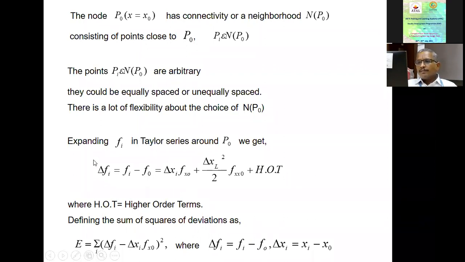If I stop at this point, then these are the terms which are left out in the higher order terms. So if I use only this much, this is the error in the approximation. So I define an error like this, E like this, square it up.